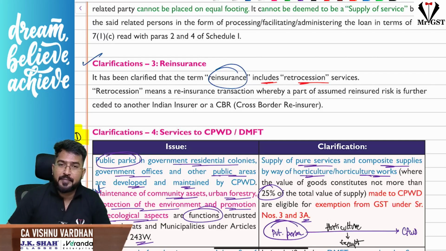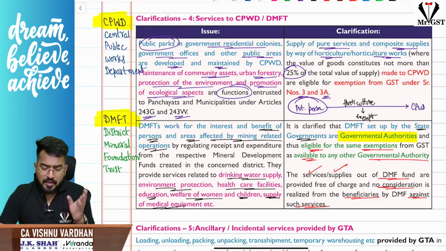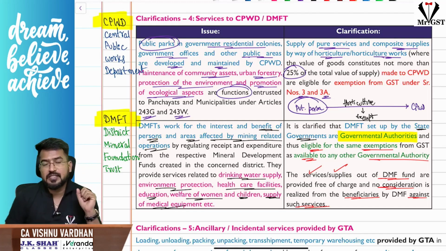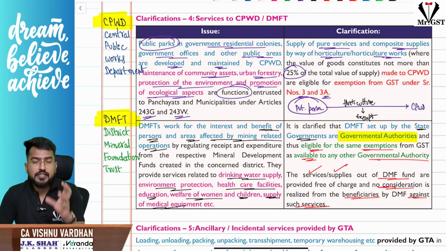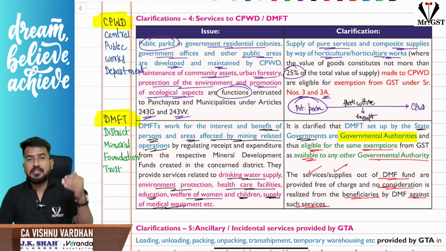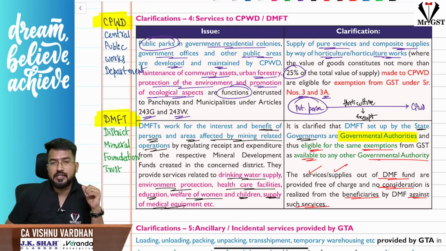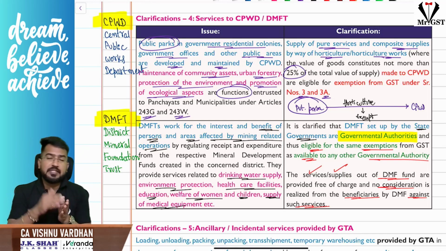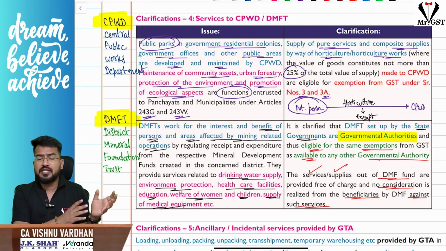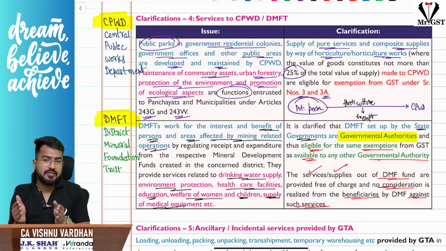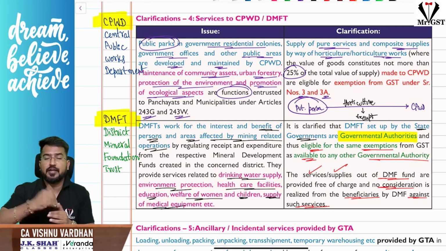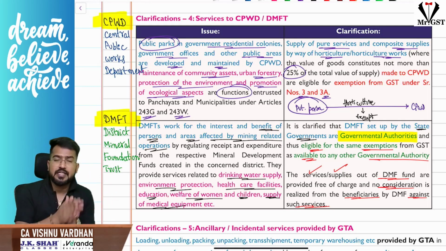Just remember that. The next one: there is the Central Public Works Department, which has the responsibility of maintaining public parks in government residential areas, near government offices and public areas. Any private person providing services by maintaining these public parks, whether purely 100% service or 75% service and 25% goods like a composite supply, that is exempt under GST.